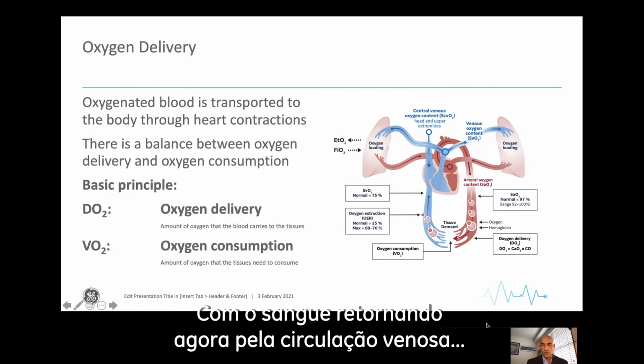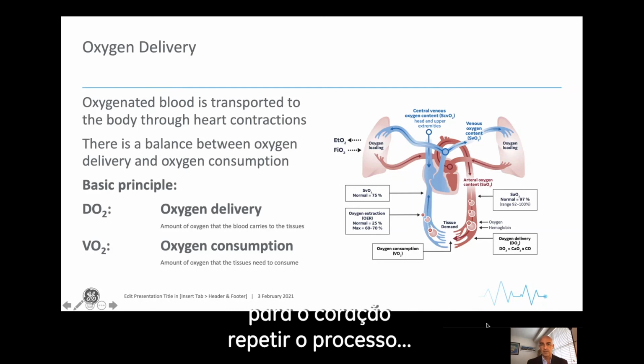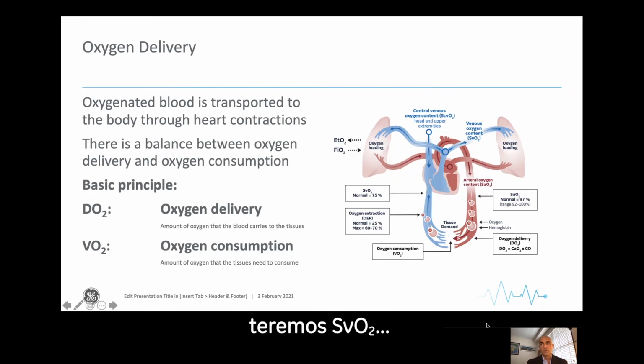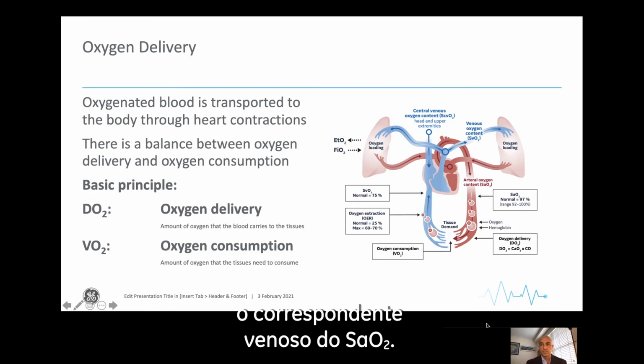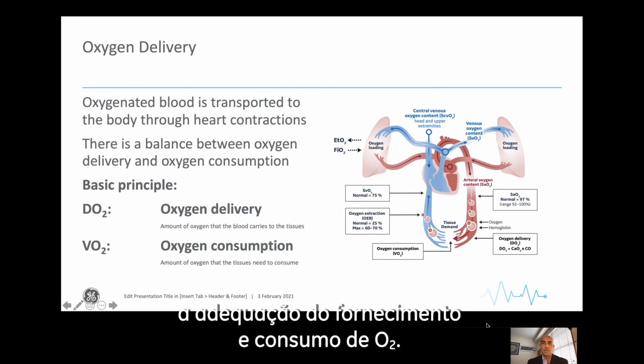Once the blood is now returning back as venous circulation back to the heart to repeat this entire process, you will have SvO2, which is the venous surrogate of SaO2. And that is another means to be able to measure the adequacy of oxygen delivery and oxygen consumption.